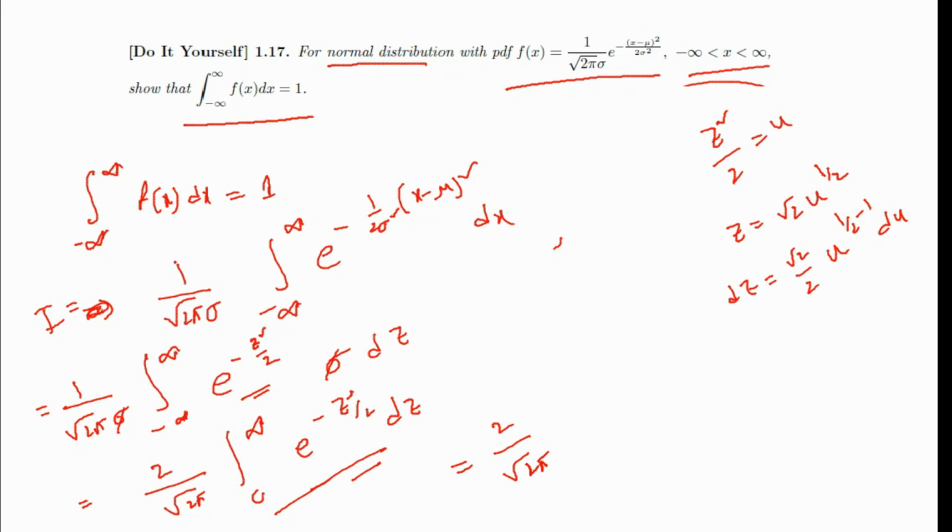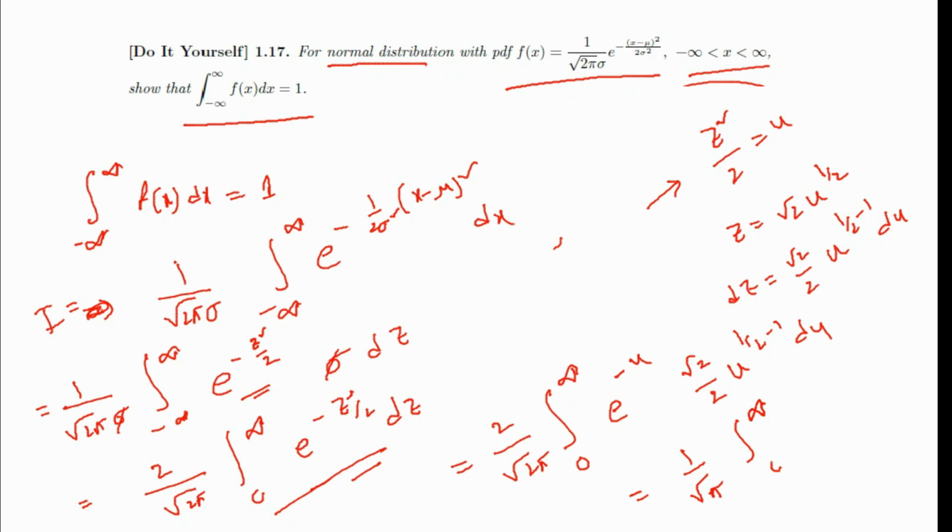So 2 by root 2 pi integration 0 to infinity, and there will be no change of limit by using that transformation, and e power minus u, and the value of dz will be root 2 by 2 u power half minus 1 du, and this root 2 by 2 and 2 by root 2 will get cancelled, so we will get 1 by root pi integration 0 to infinity e power minus u u power half minus 1 du, and this is our gamma half, and gamma half is root pi, so ultimately we will get this is equal to 1, and that's the proof.